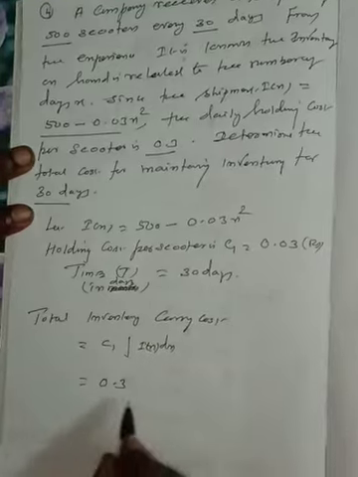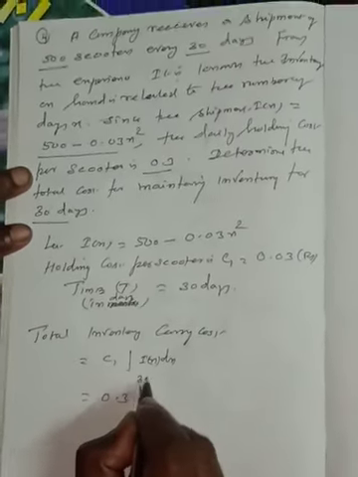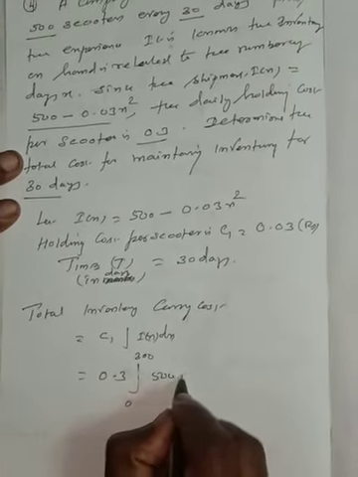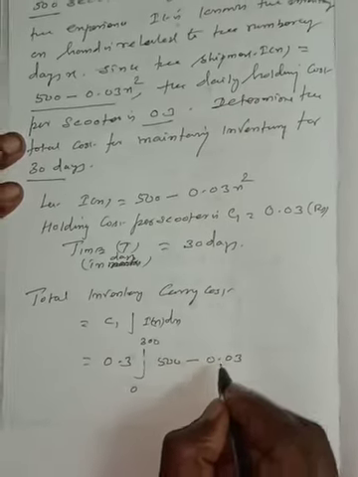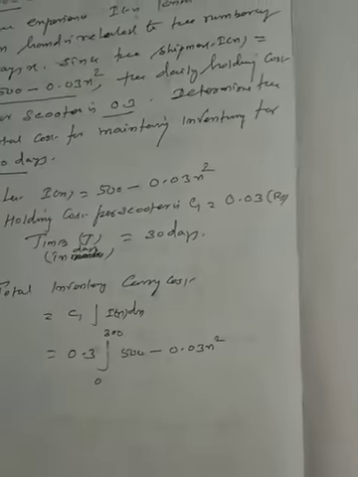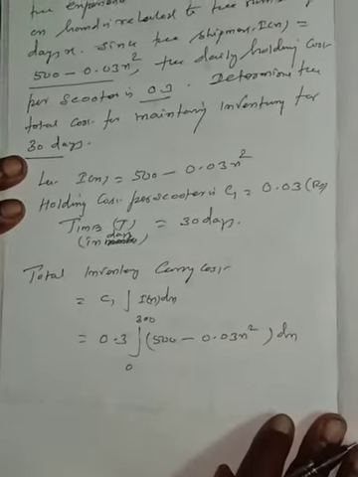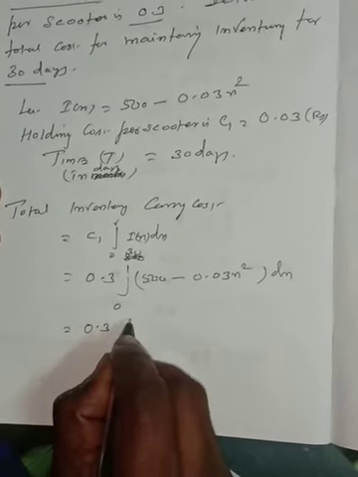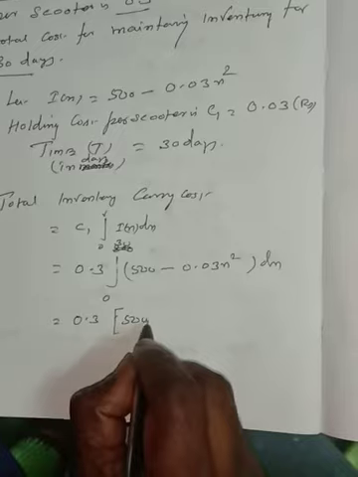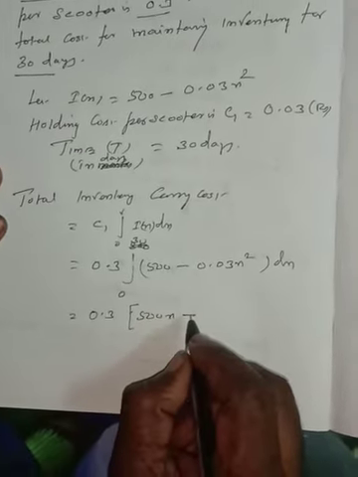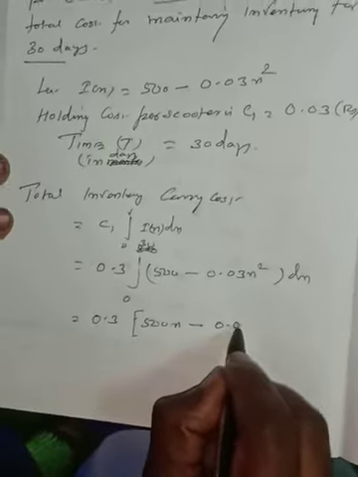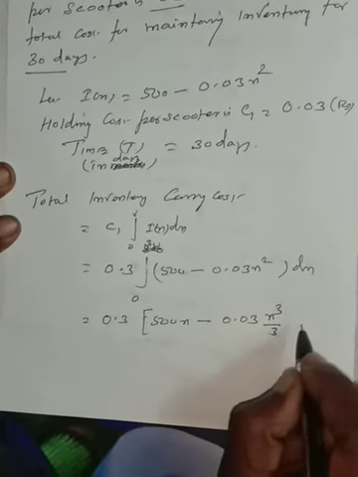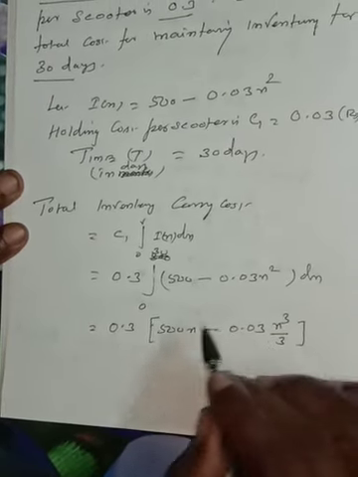I of x is 500 minus 0.03 x square into dx. Integrating 500 dx is 500x minus 0.03 times x power 3 divided by 3, taken over limit 0 to 30.